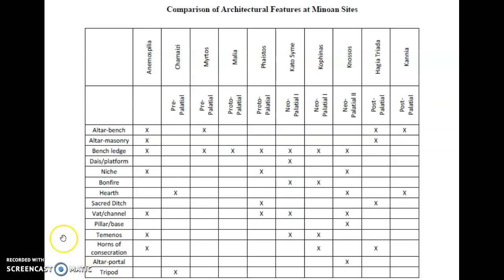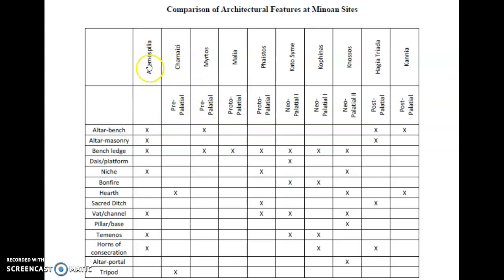And tripods. And then thinking about, right, where do we see them? So we see these particular types of features at Knossos. We see these particular types of features at Anemospilia.